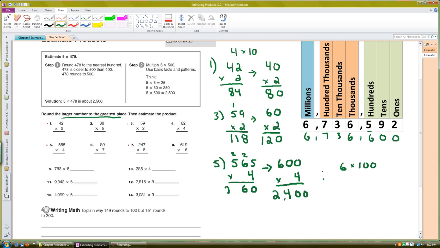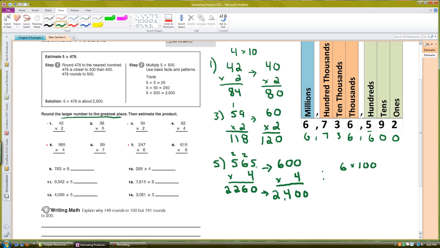So we get 2260. Okay? And you can see that we rounded up to 600 here, so of course this value is going to be larger than the original one. Okay, in comparison. But 2400 is a good estimate when we're just looking at this difficult number to multiply.